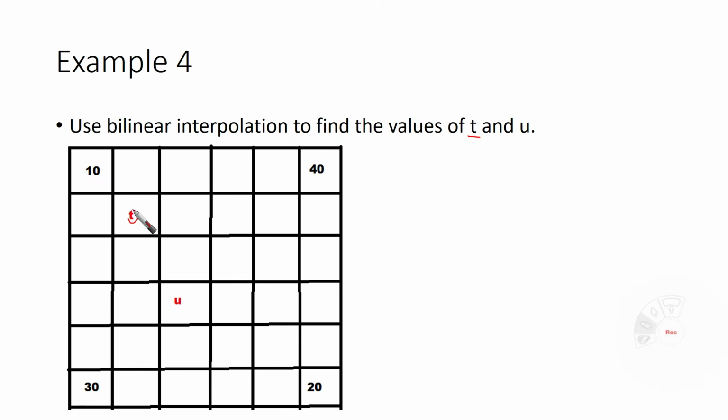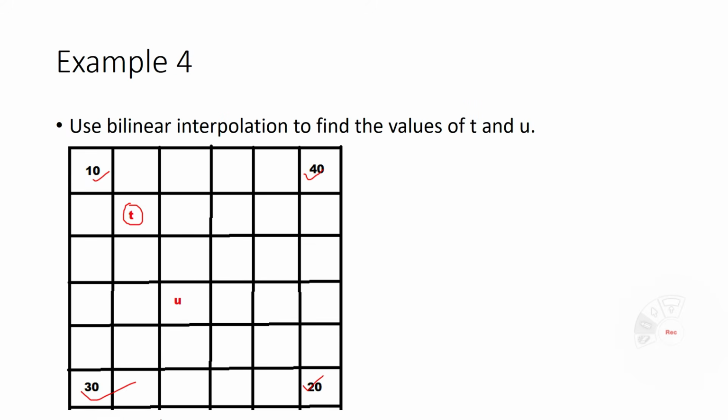It is very simple. First we will interpolate, because we will use interpolations in both the x-axis and y-axis, so we need at least 4 values. So let's find the values for t. The nearest four pixels are this one, this one, this one, and this one.